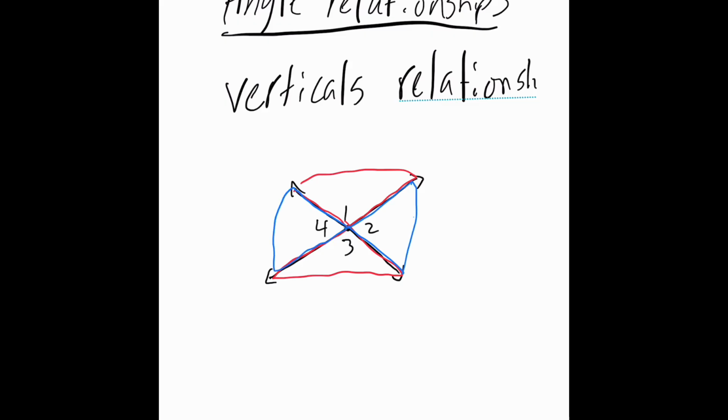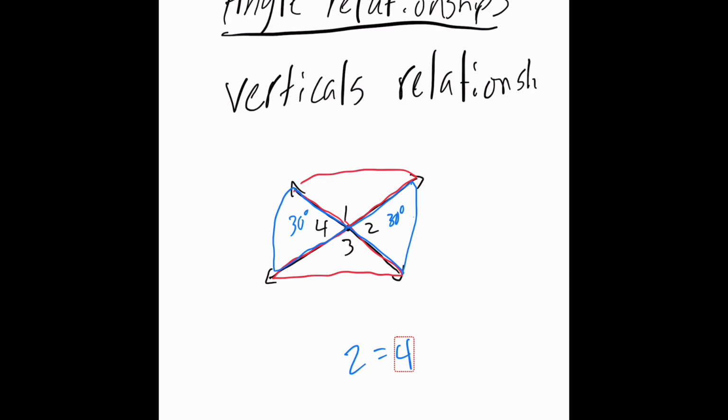Those are known as vertical angles. What's important to know about vertical angles is that they are equal, okay? Meaning angles 2 and 4, whatever they measure, are equal. So if I say angle 2 is 30 degrees, then angle 4 is also 30 degrees, okay? Same thing goes for angles 1 and 3.